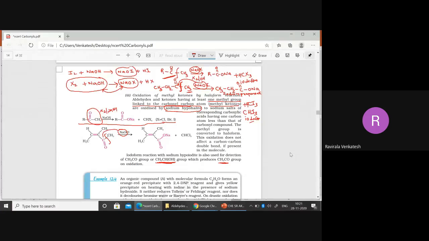In the place of this one you got ONa. Now this part, CCl3, if you are taking chlorine. Completed. It looks lengthy, but it is very, very simple. You are breaking the bond here and putting ONa at the C double bond O.